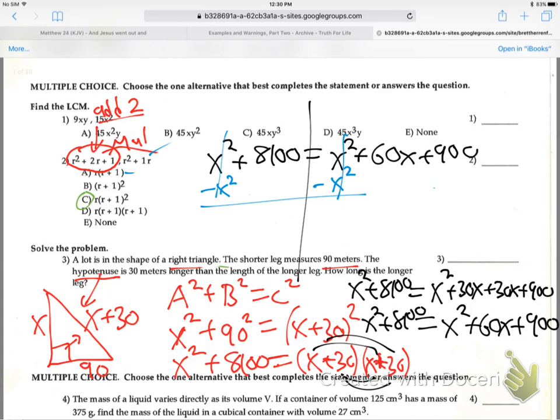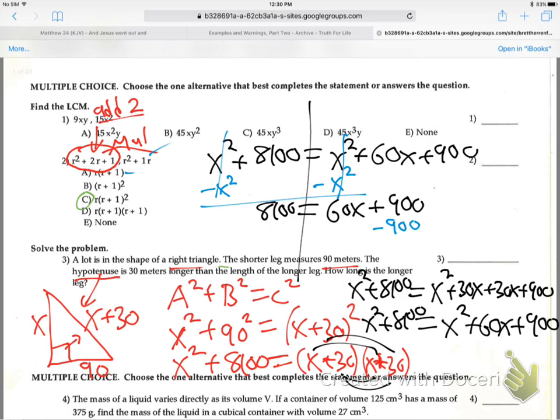When you have it on both sides, you just subtract it from both sides, and it's out of there. So what do we have left? 60x plus 900. So now it's just regular x. It's not x squared anymore. It's just regular x. So that's much easier. We don't have to do the whole 0 factoring because there's no more x squared.